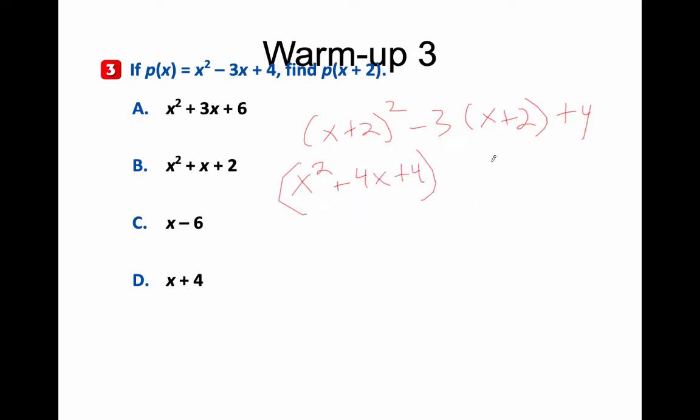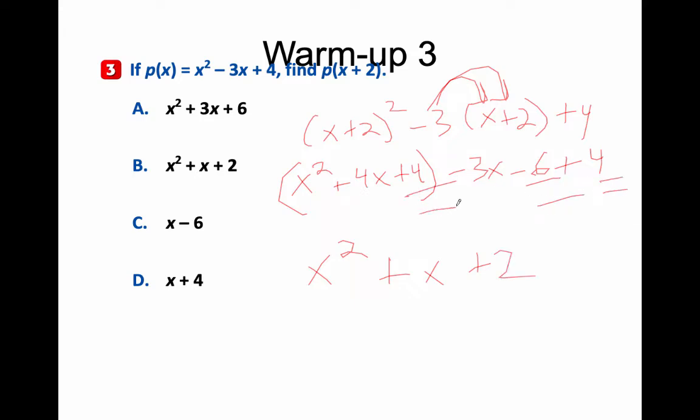There's x plus 2 squared. Distribute, minus 3x minus 6 plus 4. Combine like terms: x squared plus x plus 2x, and we've got 4 minus 6 minus 4. We've got our answer. Very nice.